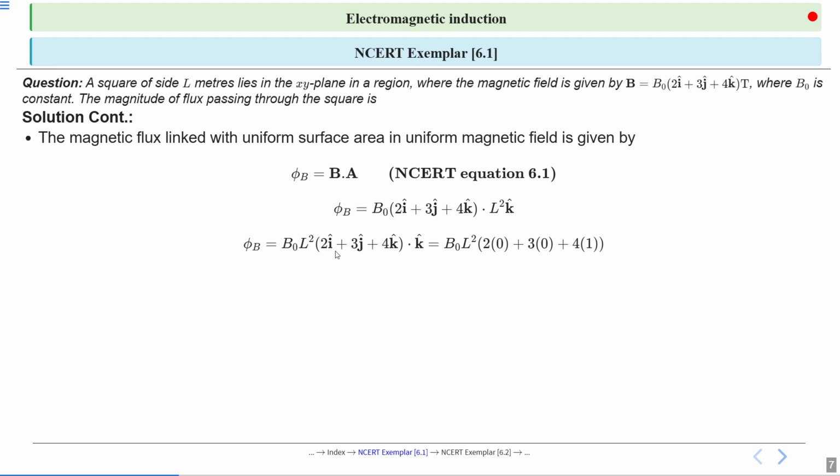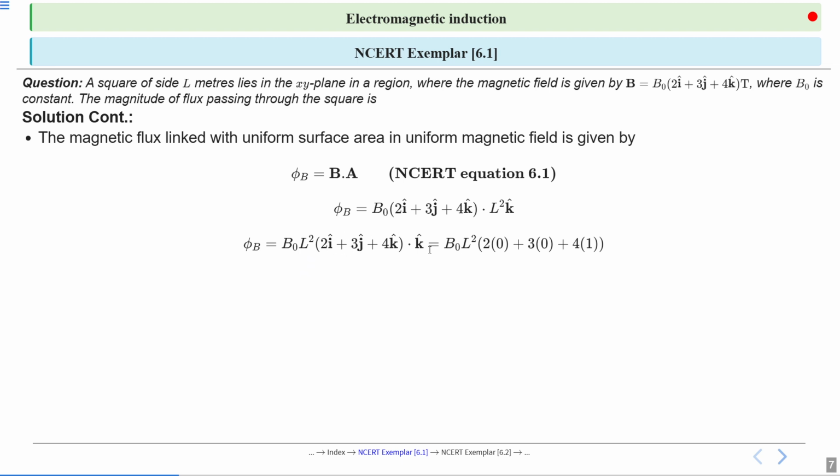Now we know how we can calculate the dot product, after multiplying the coefficients of similar unit vectors. In the area vector there is no i cap, there is no j cap. So coefficient of i cap and j cap in the direction of area vector will be 0. So we are going to multiply the coefficients. This is the way we are going to calculate the dot product.